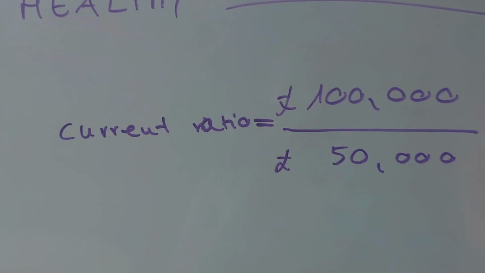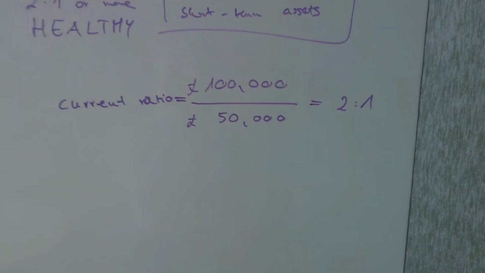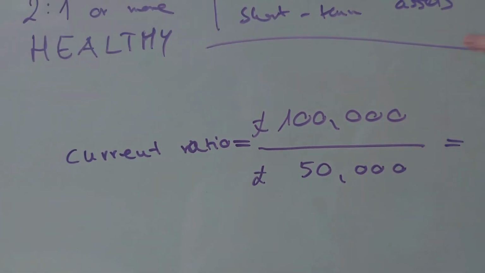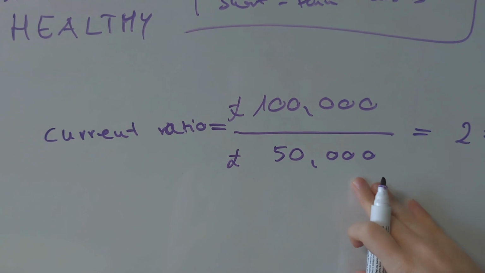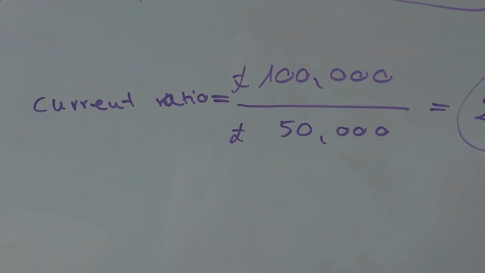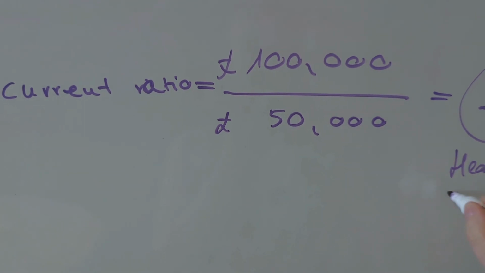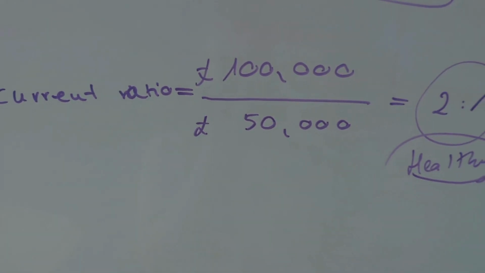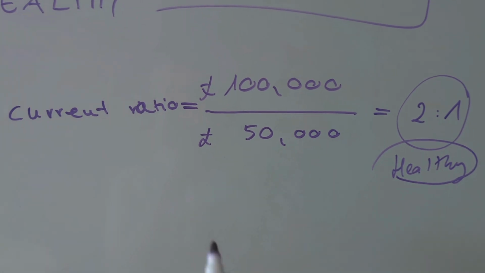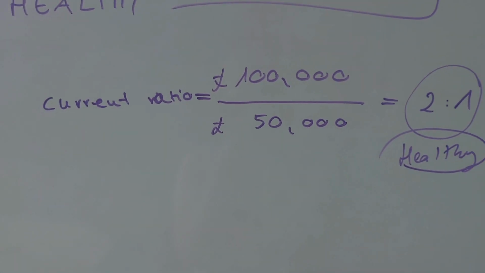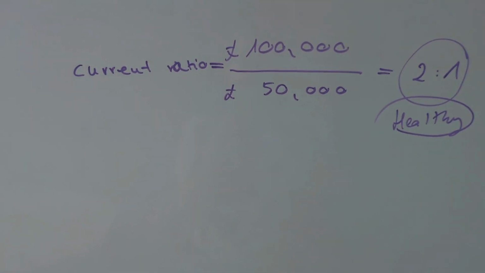Then this ratio would mean a 2:1 ratio, right? Because you have twice as much assets than liabilities. So this means a healthy liquidity ratio.